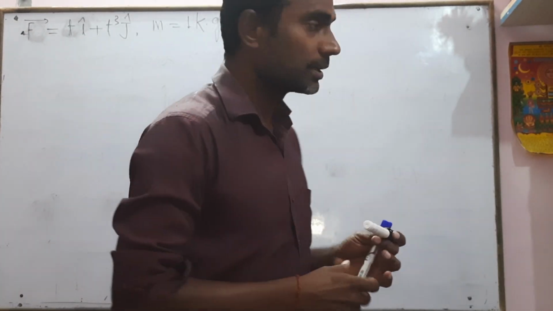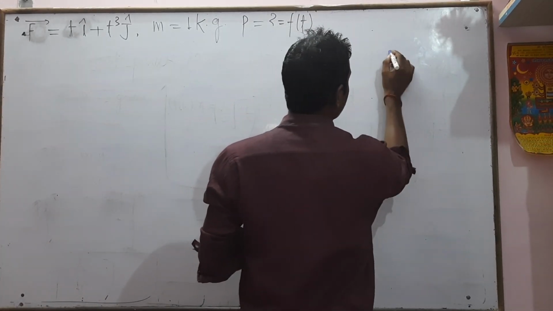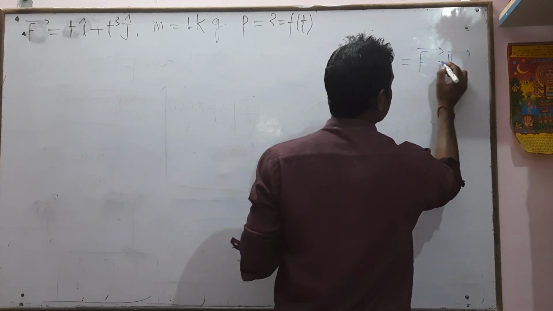So we already know that the power P equals F vector dot V vector.